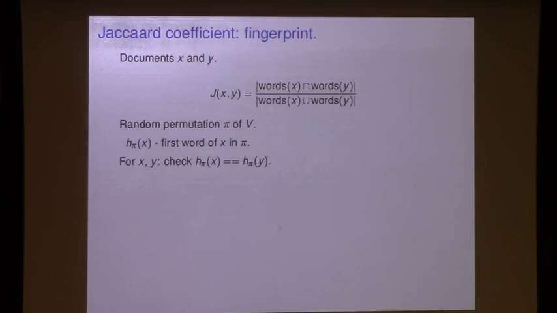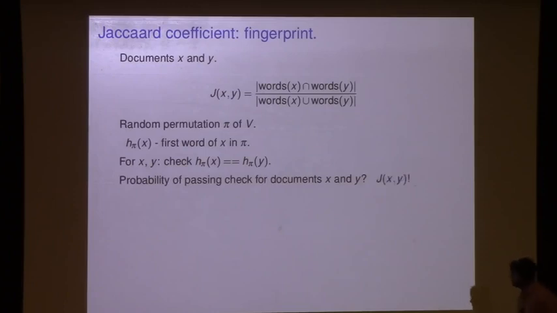It's on the slide. It's the first thing. It's J of XY. The probability of passing the check for documents X and Y is J of XY. So it's an estimator for J of XY, right? It's the number of words they have in common. So one of those words will randomly be the first word, with probability the number of words they have in common out of the total words.